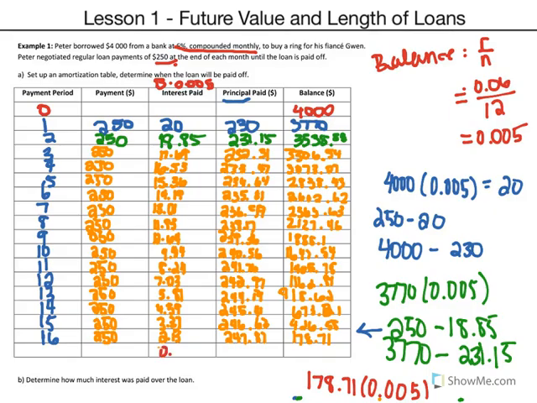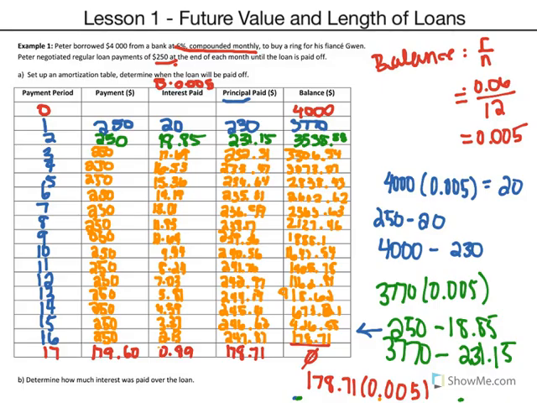We'll get 89 cents. So first we pay the interest of 89 cents, then we pay the 178.71, and then our balance will be at 0. So the total payment that we made for this month was 179.60. So that was our final payment.